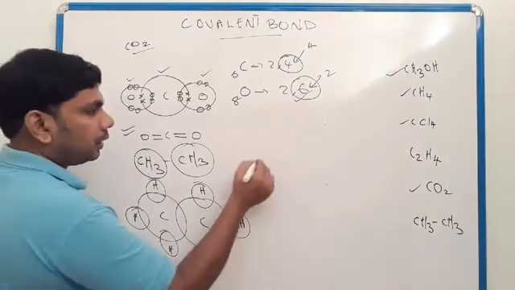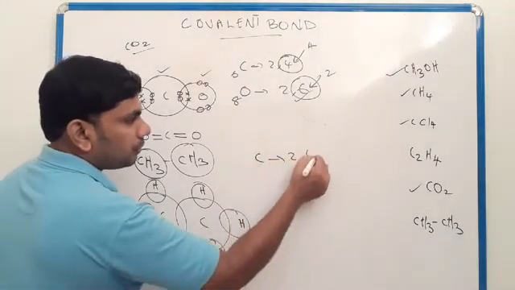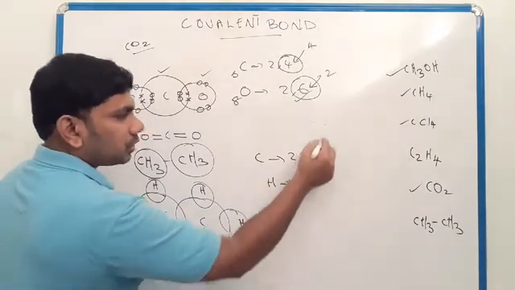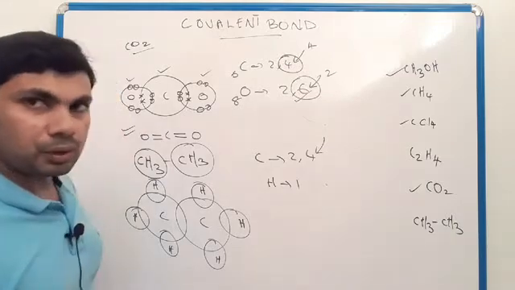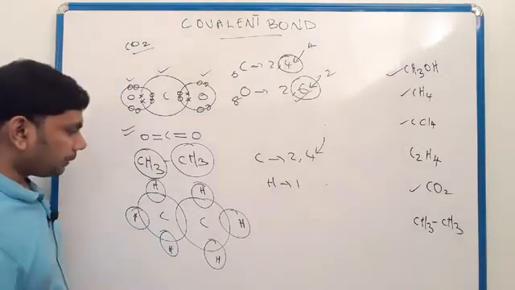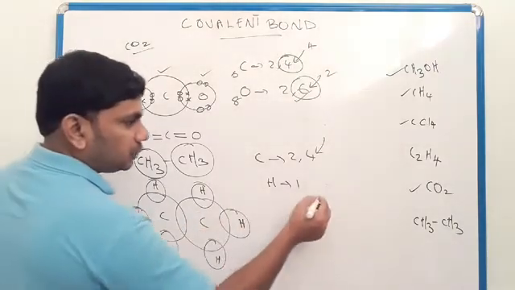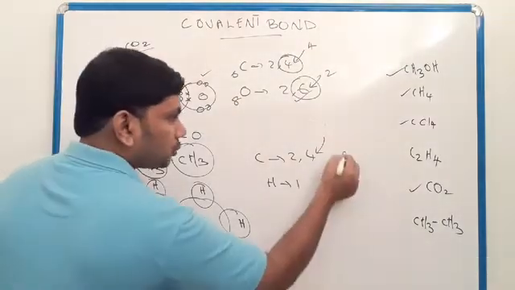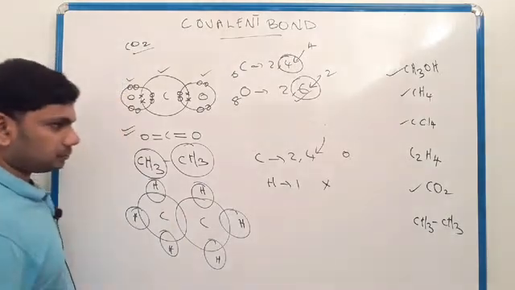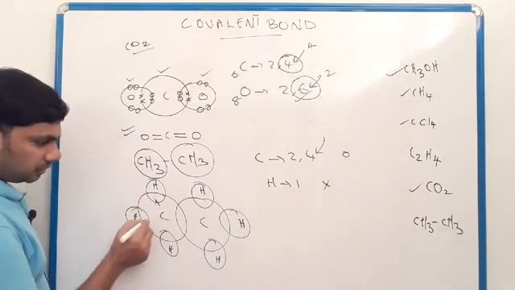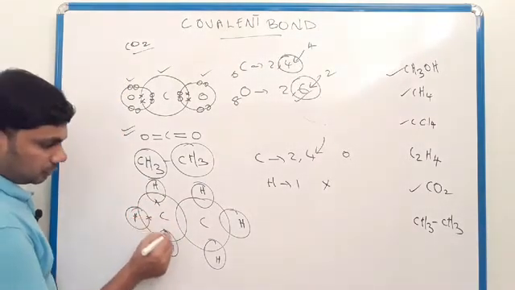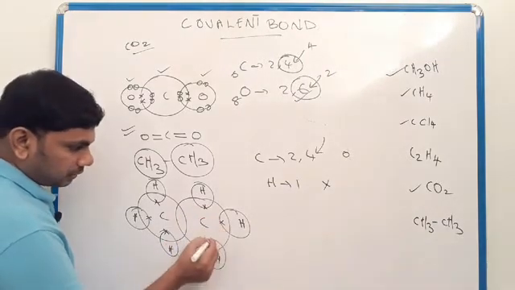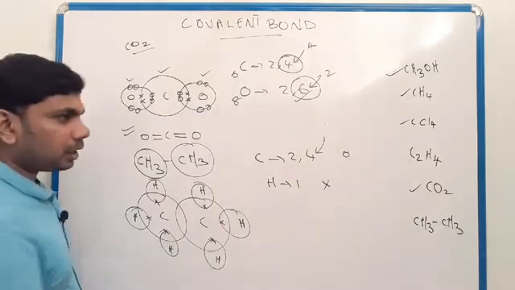Next here carbon, we know 2, 4, hydrogen only 1. So carbon needs 4 more electrons. Okay. Hydrogen, we can use here X to represent electrons of hydrogen, O to represent electrons of carbon. So here hydrogen, X, here also hydrogen, X. What about carbon?